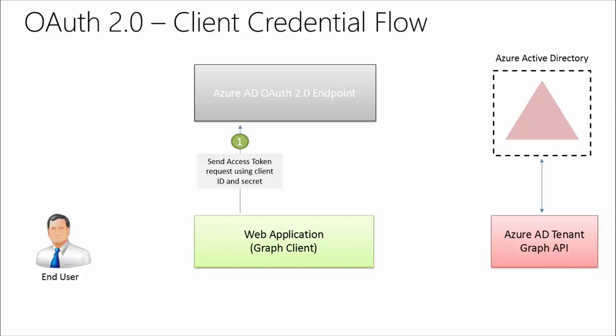So we send that access token request up to the Azure AD OAuth endpoint. The OAuth endpoint then returns an access token, which we pass along with our call to Graph. You weren't seeing that in the Graph Explorer demo, but that's actually happening in the background. You need to understand that not everybody can just come in and query your directory service. You have to authenticate first, and this is the model we've chosen to do that.